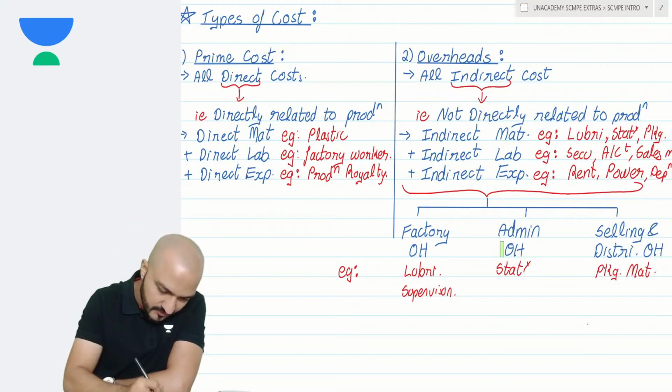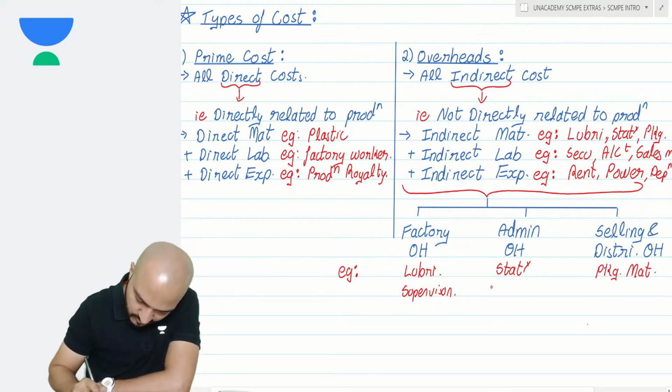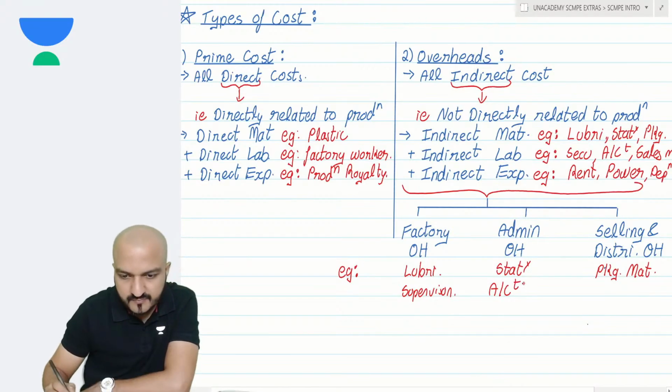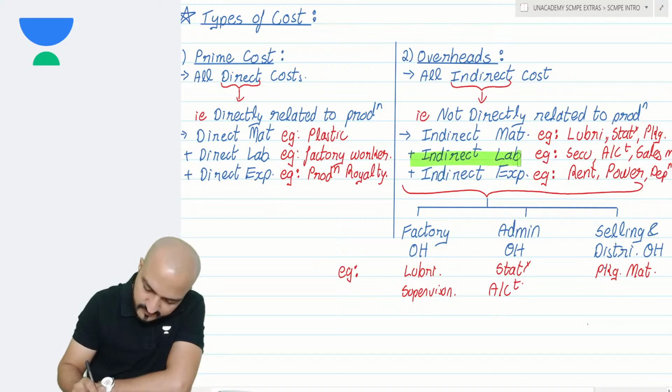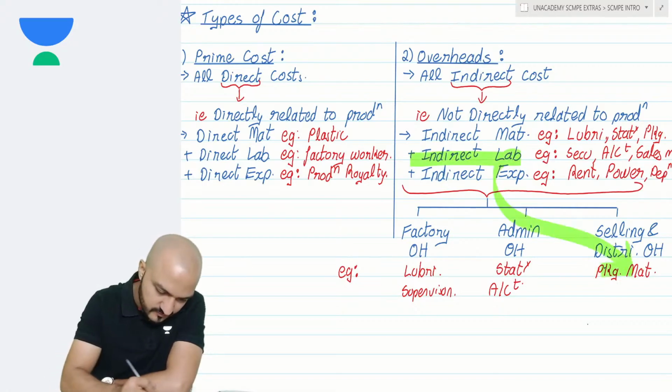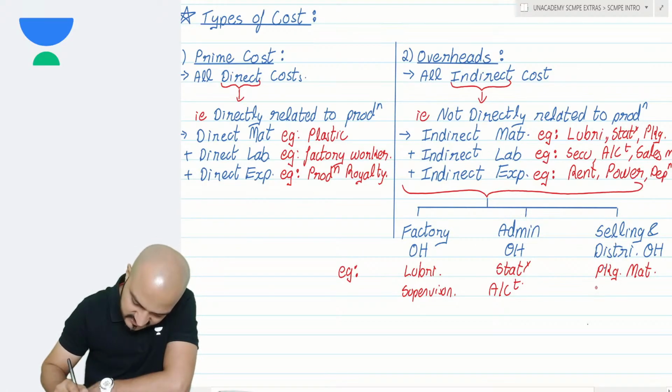Okay. Indirect labor used for admin is accountant salary, and indirect labor used for selling and distribution. Well, you can say the sales manager or salesman.